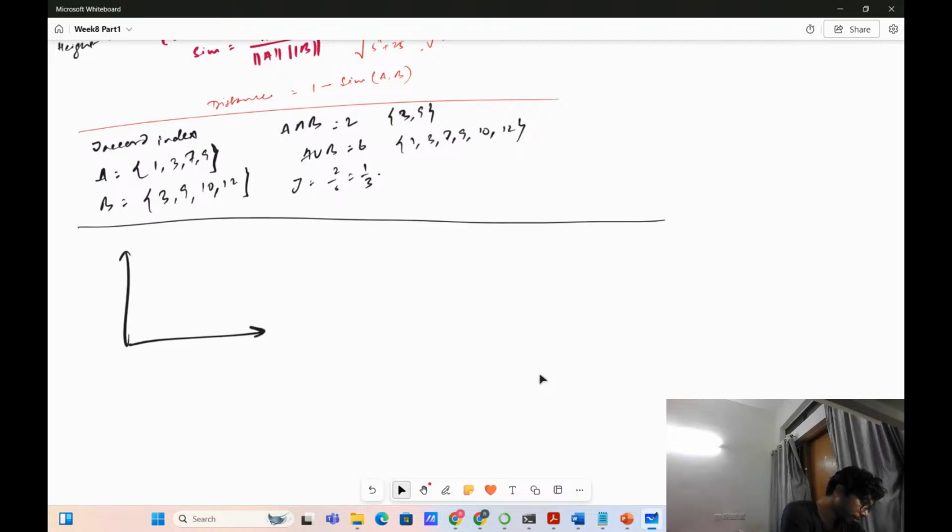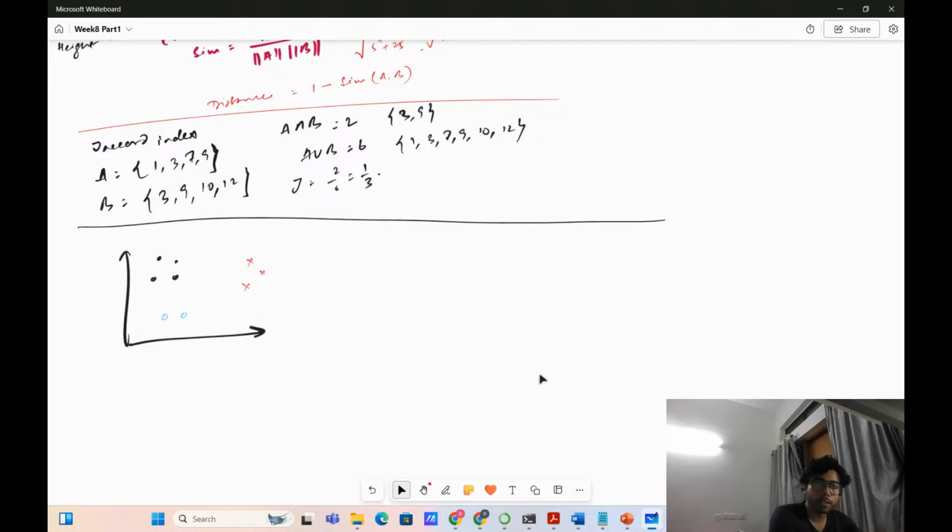These belong to one cluster. The red points belong to another cluster. The blue points belong to another cluster. So you have these 3 clusters.